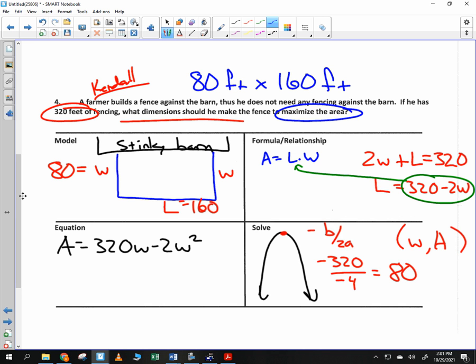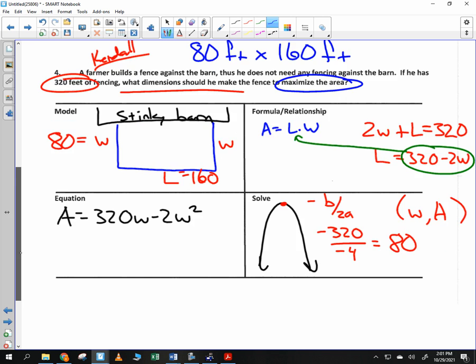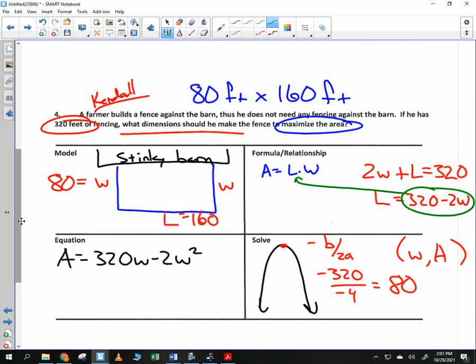We did negative b divided by 2a, so we took negative 320 divided by negative 4 and we got 80.